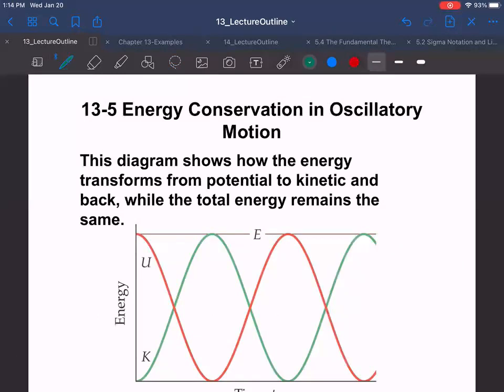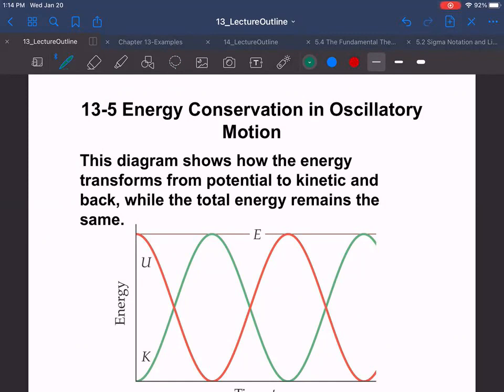The potential energy decreases, decreases, decreases, while the kinetic energy increases, increases, increases. Where would you be here? Right in the middle, right where you have a maximum velocity, and right where your potential energy is zero.